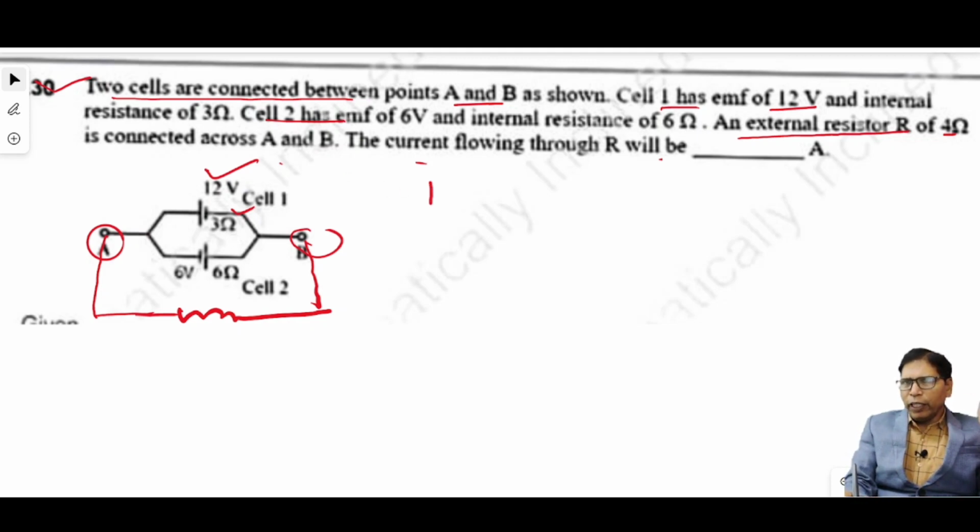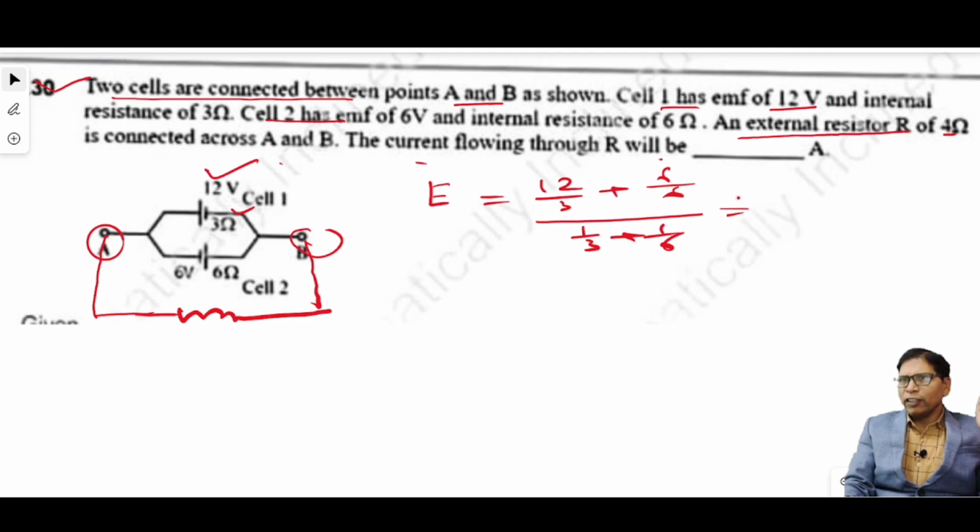Now equivalent EMF equals 12 by 3 plus 6 by 6 divided by 1 by 3 plus 1 by 6. Look at this, 4 plus 1, so this is 5 divided by 1 by 3 plus 1 by 6, so this is half. So look at this, 10 volt is the equivalent EMF.